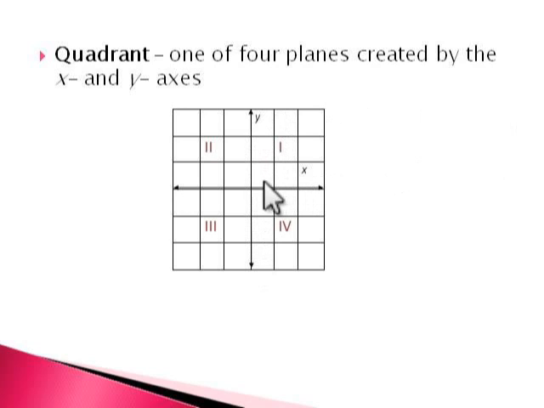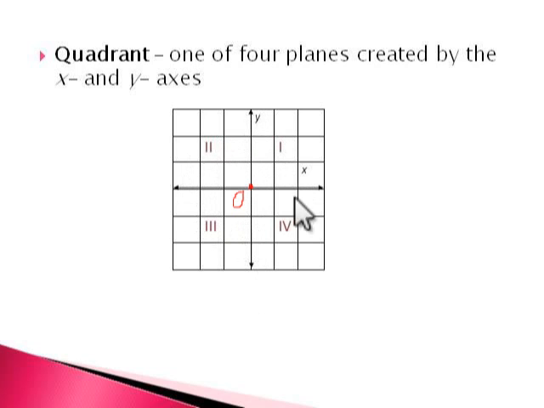And right here, that is the origin. It has the coordinate point of 0, 0, meaning it's at the 0 point on the x-axis, and it's at the 0 point on the vertical y-axis.